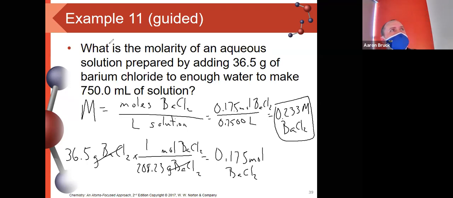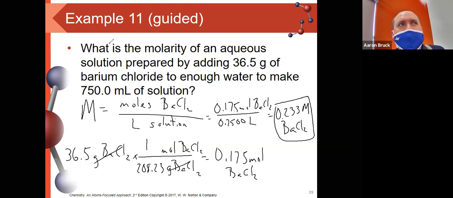So when we are doing these kinds of calculations, it is important to know that our unit has two parts. First of all, it's the unit itself. So the unit here is molar, capital M. But we also have to say what it is molar in. So we need to identify the solute here. So this is incomplete if I don't say that it's 0.233 molar barium chloride.